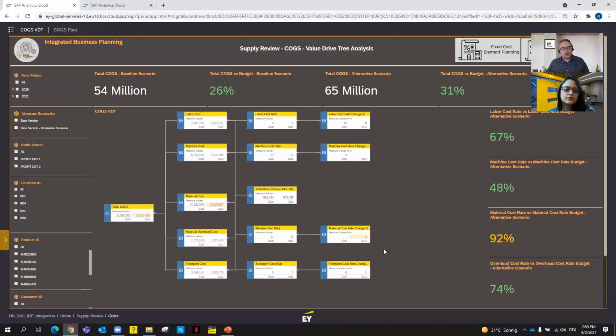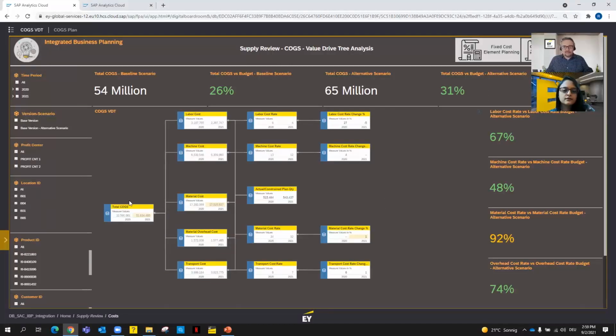Then those costs, as we discussed earlier, can only be planned and calculated here in SAC with the use of the standard cost rate coming from S4 or ERP. And the most important element is really the data from SAP IBP about planned requirements for those data streams.